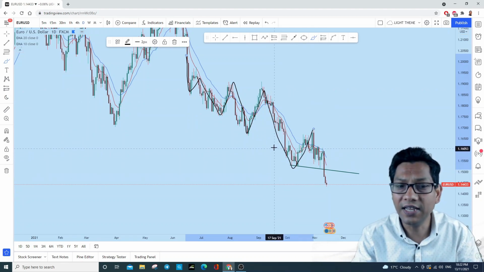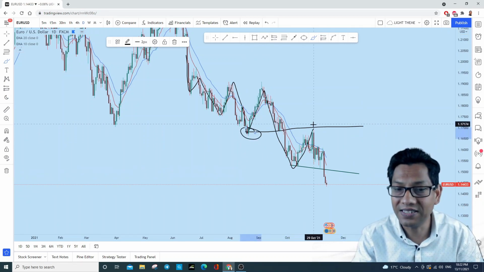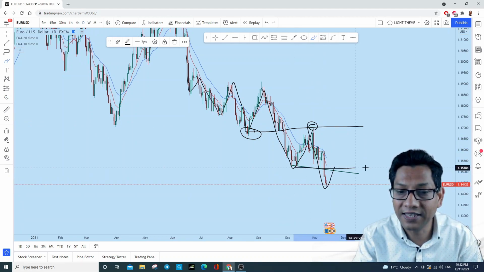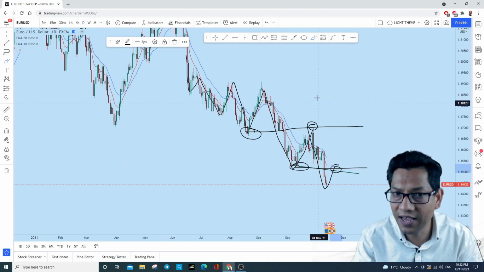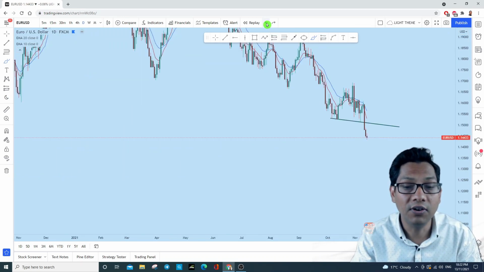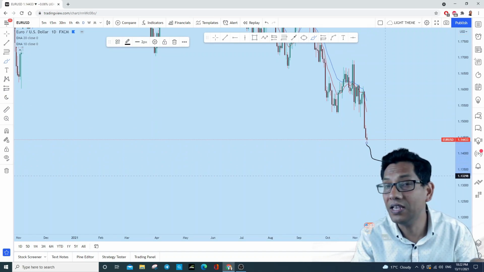And when it is creating a lower high and lower low, you see this support tested here as a resistance and then drop. Now what we can expect from here is to go up again and test this previous support as a resistance here, and in that situation only we will be trading this instrument, because trading from the bottom is not a good idea.